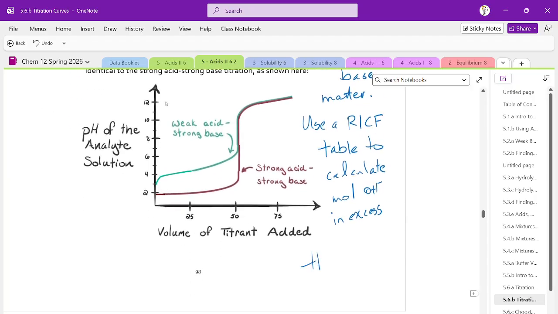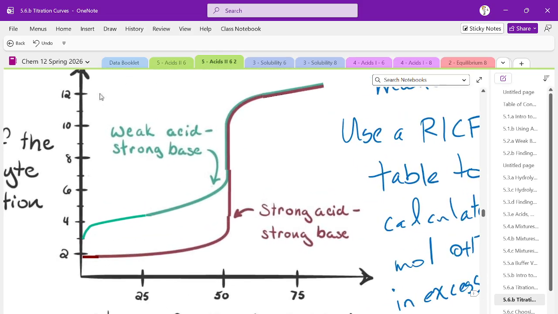Then the concentration of OH minus. So the takeaway message from this is that you should be able to look at those two graphs, the weak strong and the strong strong, and be able to tell the difference between each other. Yes? Okay.